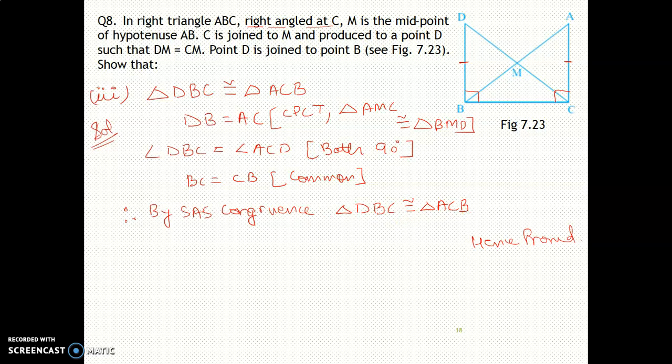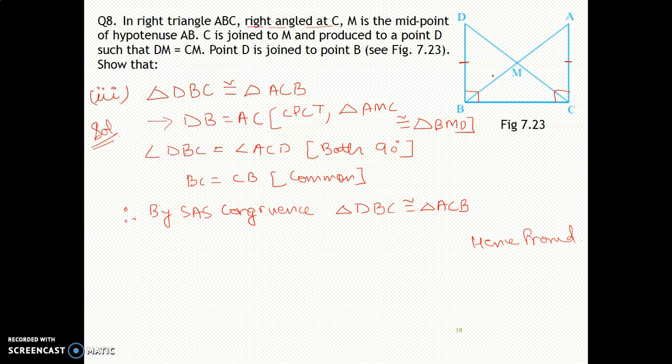Very simple, students. Again, DB is equal to AC because we have already shown in the first part that triangle AMC is congruent to triangle BMD. Angle DBC is equal to angle ACB, both 90 degrees.